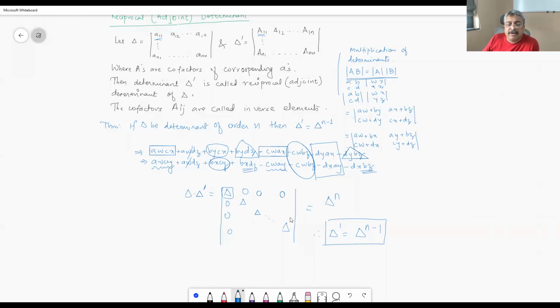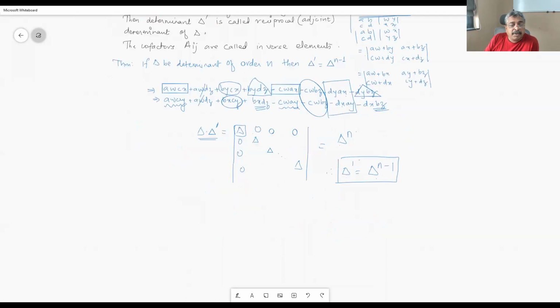So all other entries, the principal diagonal and below principal diagonal, are going to be 0, and therefore the product of these two is going to be delta raised to n, only principal diagonal, correct? And therefore delta dash is equal to delta raised to n minus 1. This is the theory part.